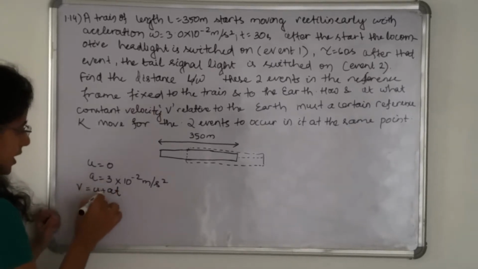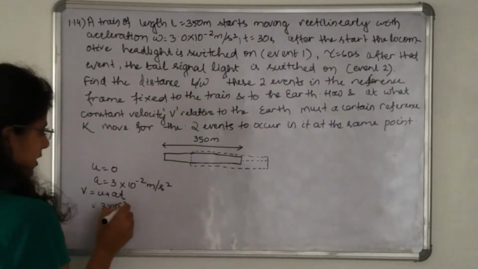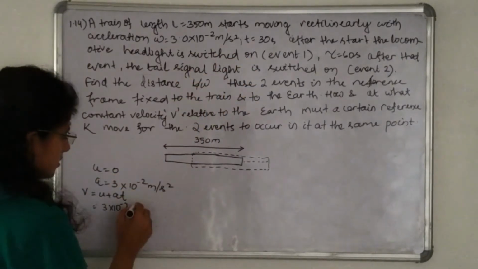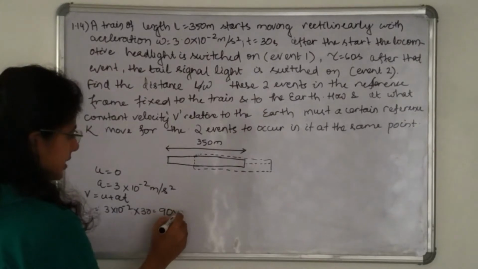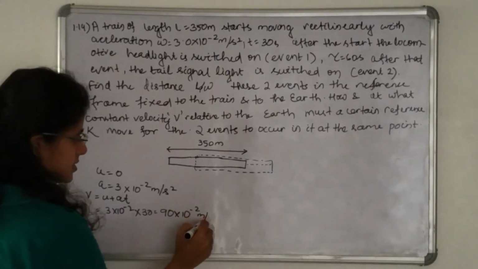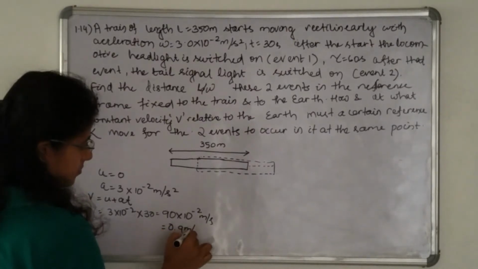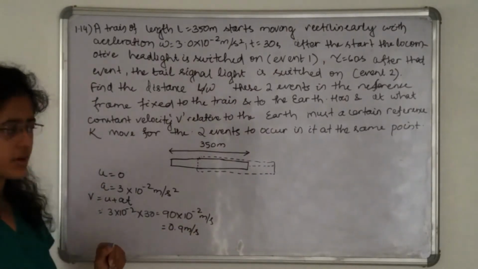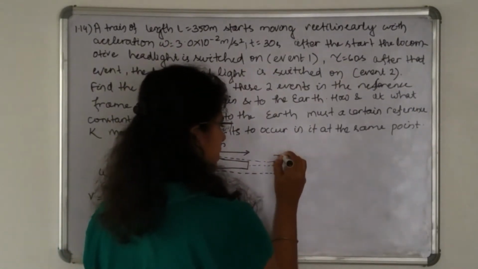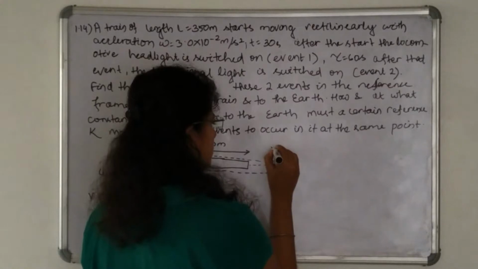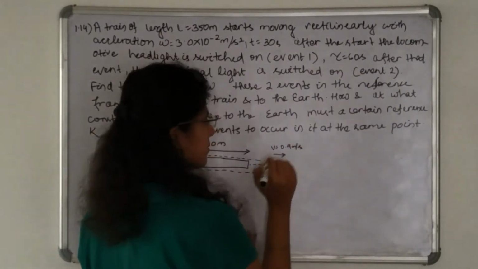So u is 0, a is 3 into 10 to the power minus 2 into t is 30 seconds. So it is like 90 into 10 to the power minus 2 meter per second, that is 0.9 meter per second. Okay, so at this position the train is going in this direction with velocity 0.9 meter per second.